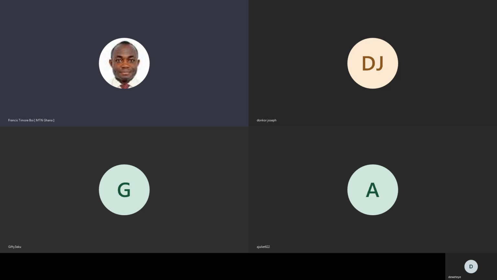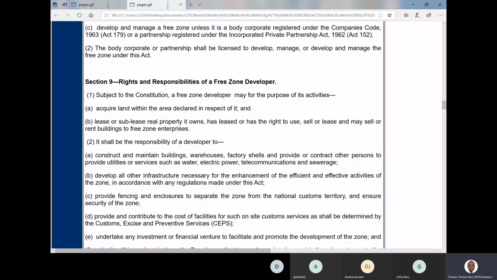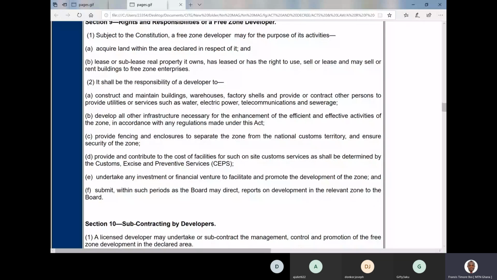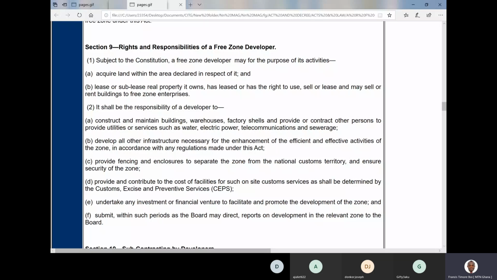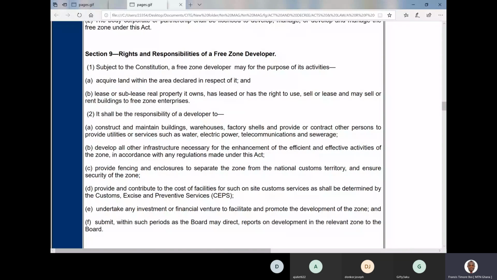So, Gifty, you help us do the reading. Gifty, are you there?